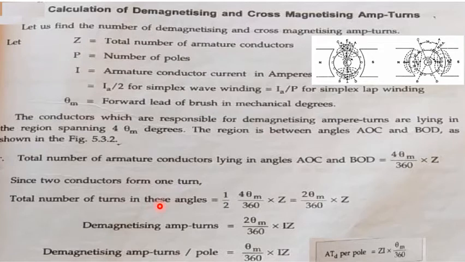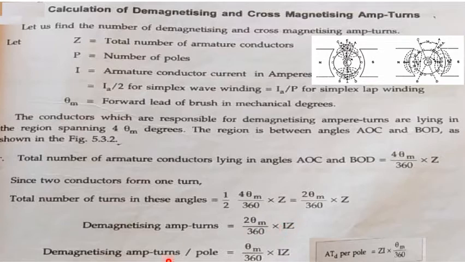So half of Z is multiplied by 4 theta m divided by 360, and the 2s cancel, giving 2 theta m divided by 360 into Z. Now, in general, demagnetizing ampere turns is 2 theta m divided by 360 into Z, multiplied by the armature current I. So demagnetizing ampere turns is 2 theta m divided by 360 into IZ.